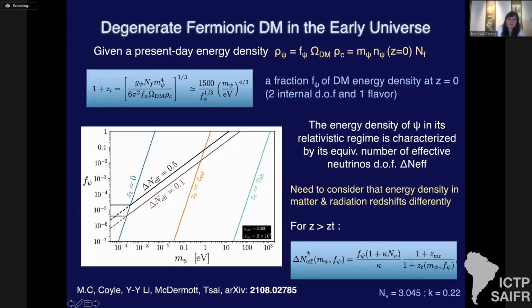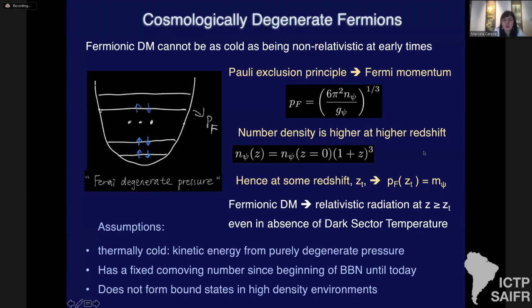So we know about this Fermi momentum, and of course this will change as a function of the redshift. And we know how the number density evolves with redshift.